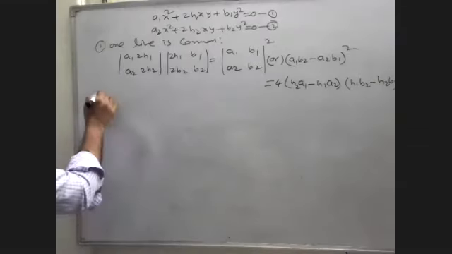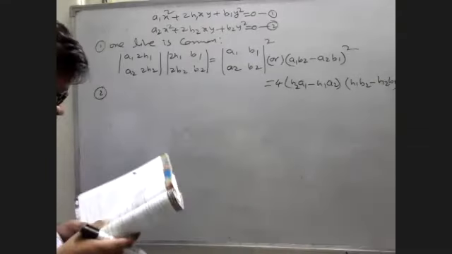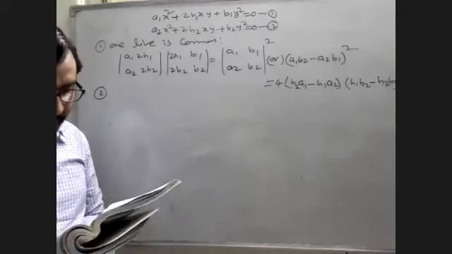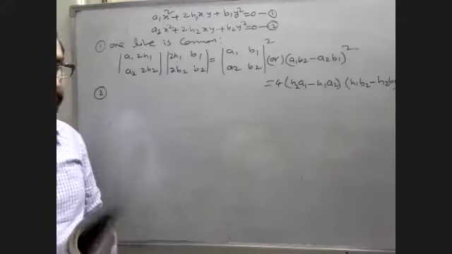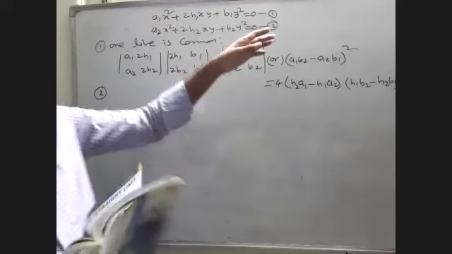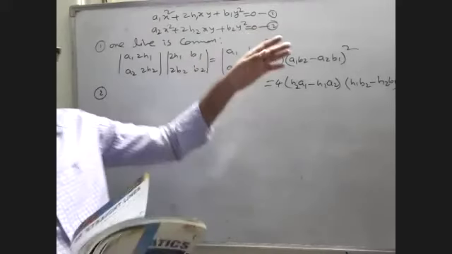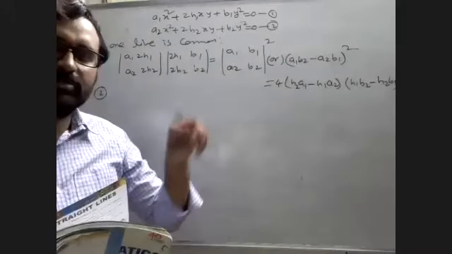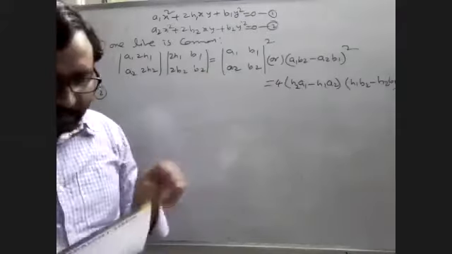Now second is, if one line is perpendicular, just now I wrote, two pair of lines they are given, from that one line and from this one line. If both lines are perpendicular, I am reading, listen.